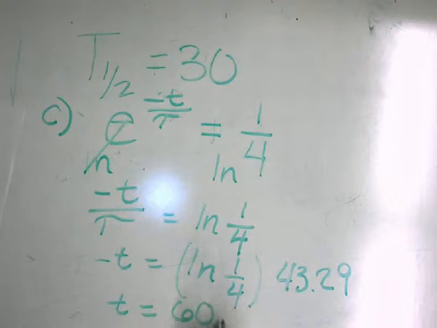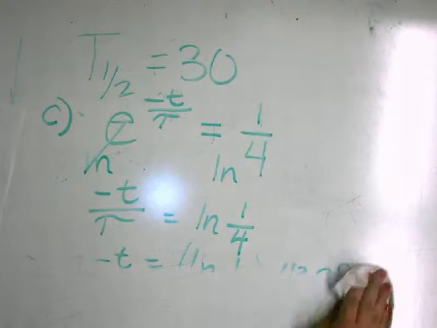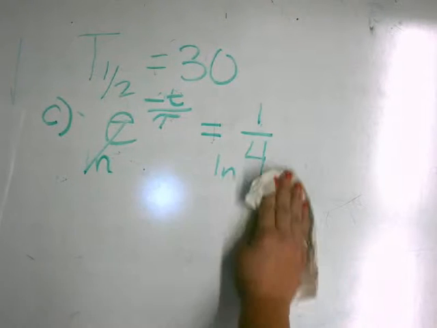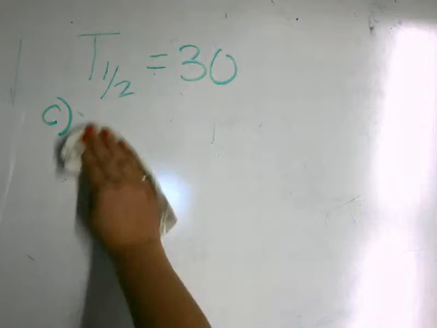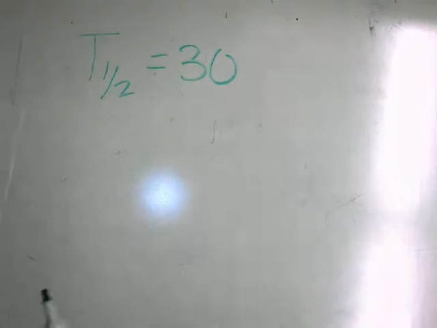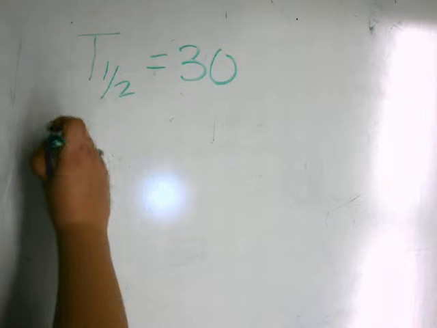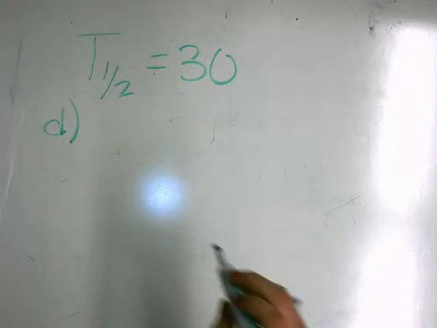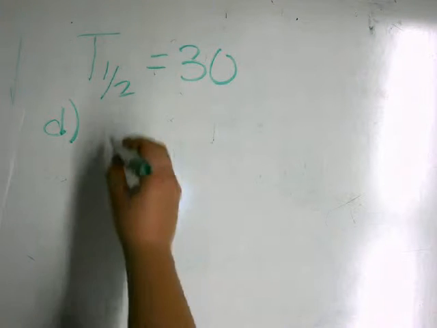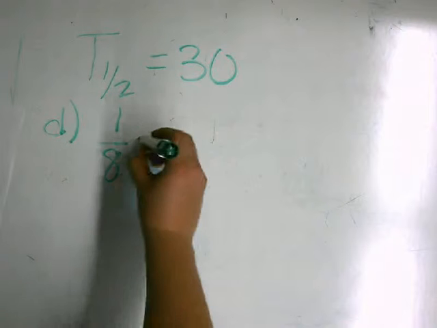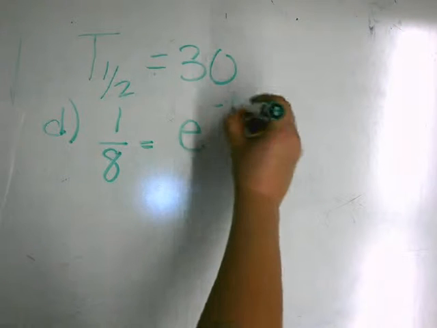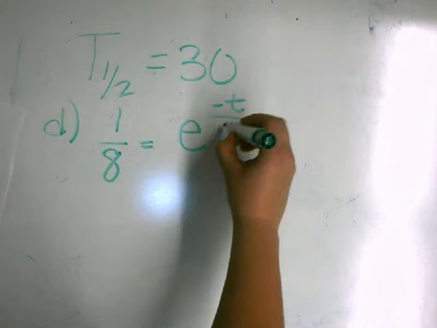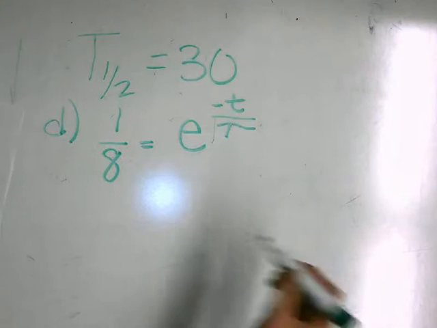Now, finally D, the one with awkward wording. The time taken for 1/8 of the original number of atoms to remain unchanged. This just means that 7/8 has decayed. So instead of the equation being equal to 1/4, now it's equal to 1/8. So 1/8 is equal to e to the negative t over the average lifetime.